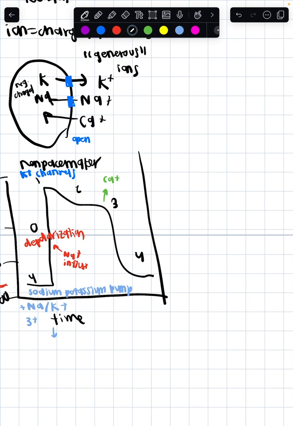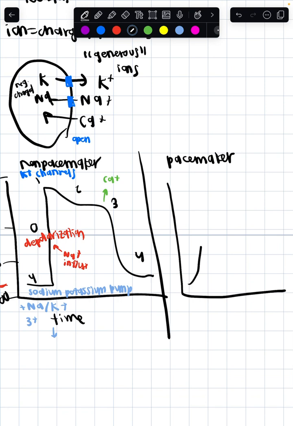Contrasting that with a pacemaker cell, which looks a little different because, again, we have that inherent autorhythmicity. We don't really need that resting membrane potential because it's kind of just been established, so we don't need as much help with that. And so their depolarization actually looks more like this. And at this point, we do have some maintenance of ions just to maintain kind of a pseudo resting membrane potential. This is actually a calcium influx. Then this is a potassium efflux.